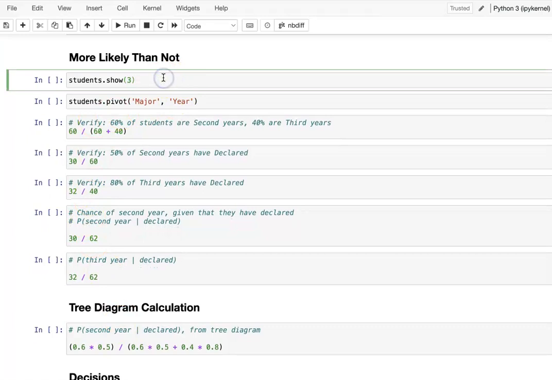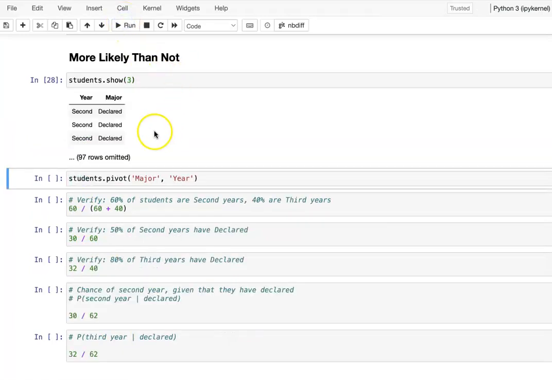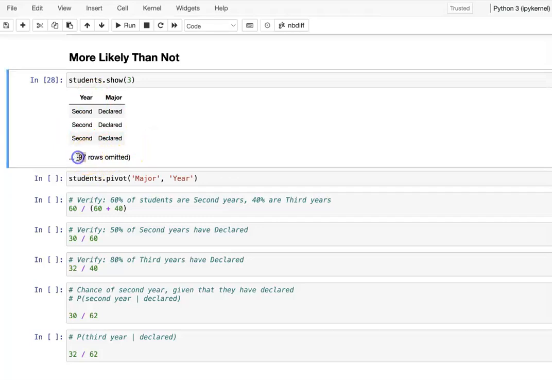So here we have the students, and we show you what the students look like. We have 100 students, and of course here we only show you the first three. We have 60% second year, so 60 second year students, and 40% third year students. Among those 60 second year students, some have declared their major and some have not.